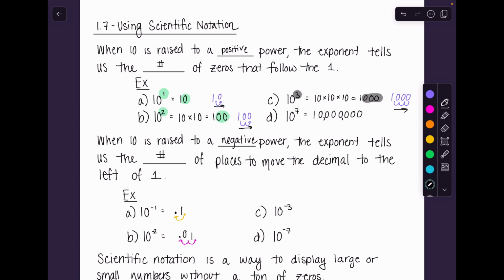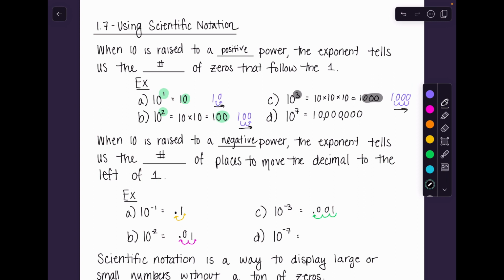So it's 0.01. 10 to the negative 3, again, we write the 1, and then we move the decimal 3 spaces, and we fill zeros in, just like above, okay? So 10 to the negative third is 0.001.